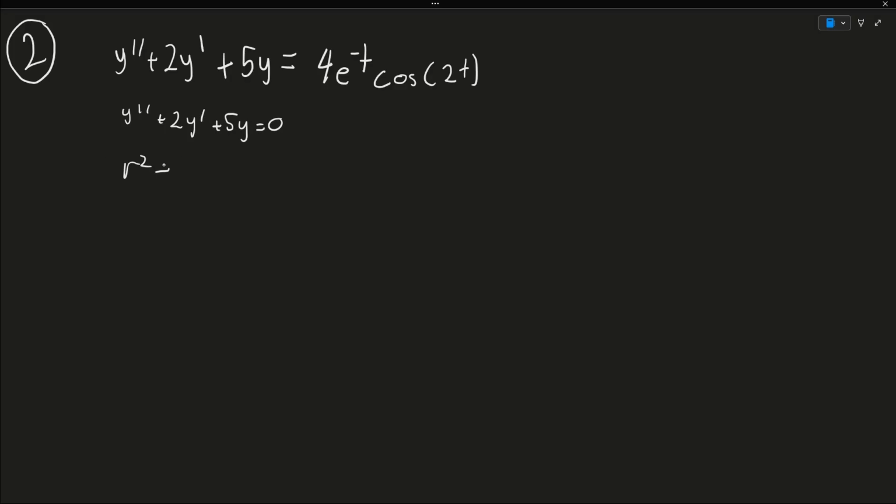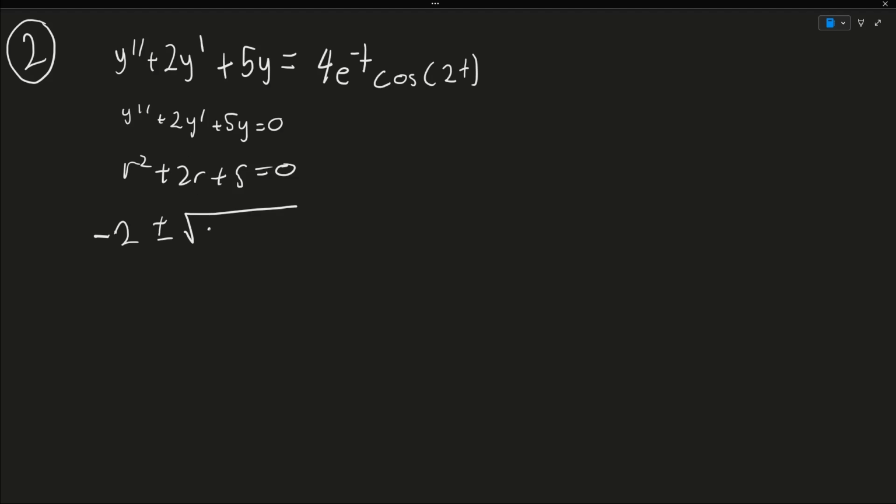We're going to have the characteristic equation just like this, and we know that the r's are going to be imaginary roots. We don't have any real roots here, so the solution is going to be negative b plus or minus square root of b squared minus 4ac.